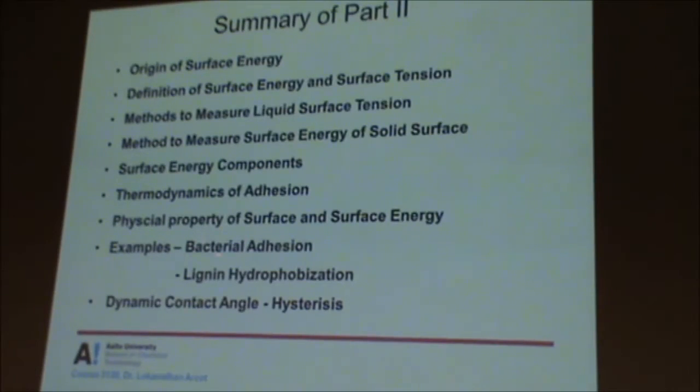And one example that we saw was bacterial adhesion, where we try to guess whether the bacteria can interact with a host of surfaces like Teflon, glass, polyethylene, by measuring the surface energy parameters of these both surfaces. And we also saw lignin hydrophobization using silicon particles. And we finally saw dynamic contact angle, which helps us understand hysteresis. And based on hysteresis, you can tell whether the surface is chemically or physically inhomogeneous.